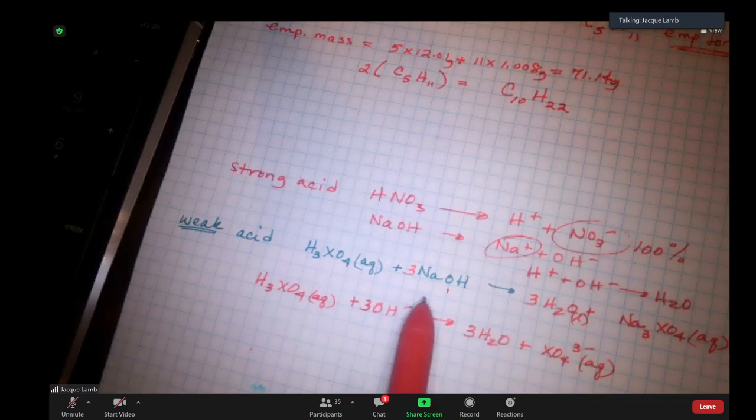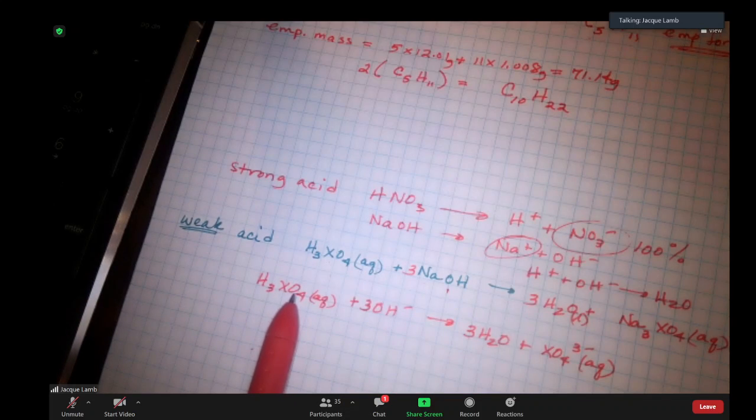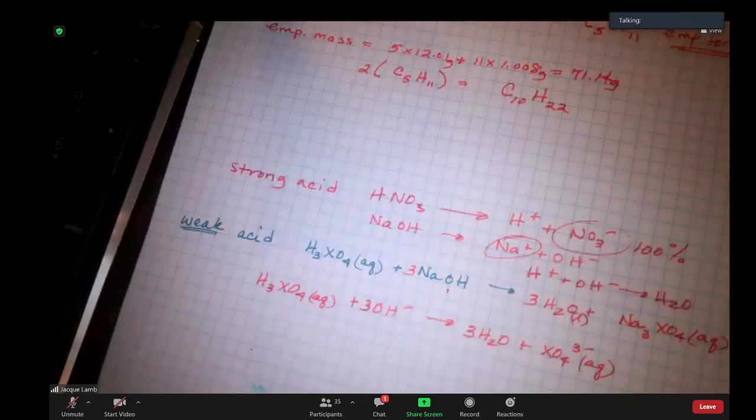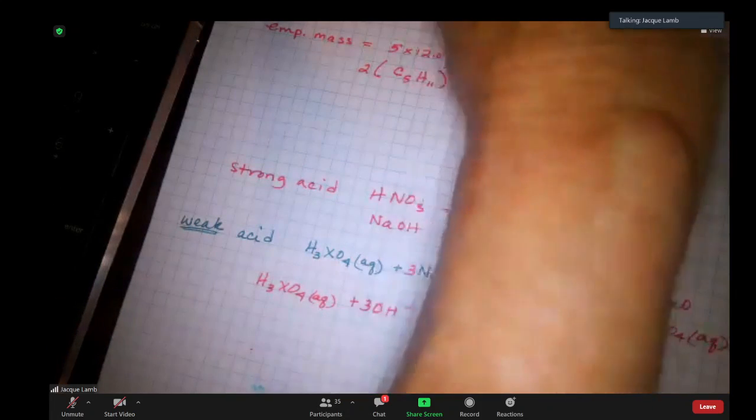The only spectator ion in this is the sodium. The only spectator ion, because this species, XO4 3 minus, is part of a compound on this side, and it's an ion on the other side. We call that a conjugate base. When we do acids and bases in the second semester, we'll talk a lot more about that. But this is the net ionic equation for a weak acid. It's not H plus OH minus yielding water.